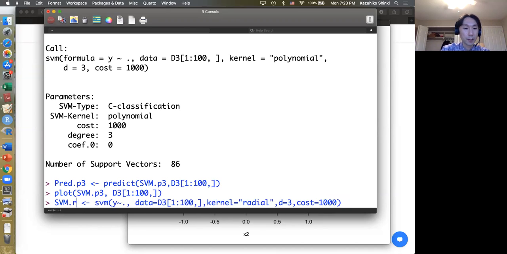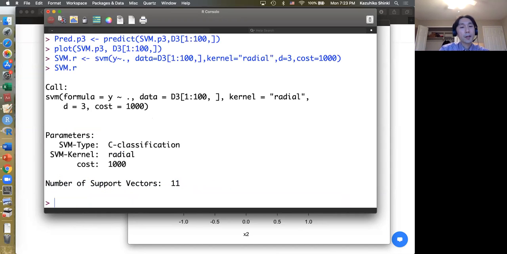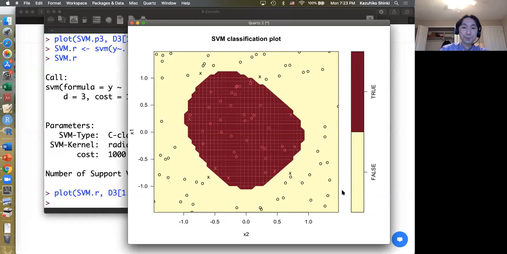So this is radial basis, SVMR. Okay, it does not work as well as the polynomial with degree 2, but at least it is better than the other cases. So if we do this, this shape is somewhat reasonable, at least for the training data set, 100% accurate.